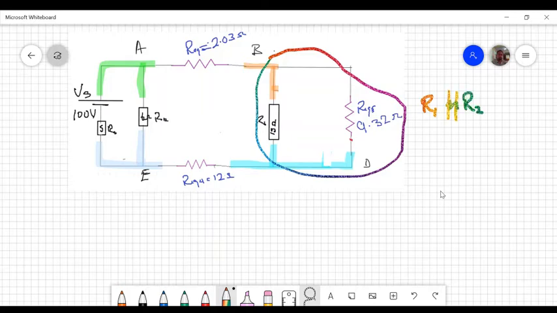The shortcut for them is product over sum. So RT equals R1 R2 over R1 plus R2. When you have small nice values, that shortcut is a nice quick tip to remember. We won't use it here, we're going to use our regular formula because 9.32 is not a nice value.